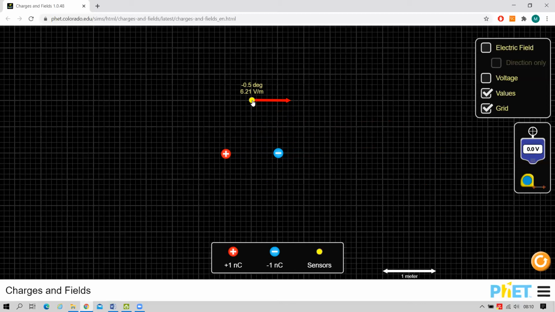For example, whatever the electric field strength is right over here, let's take this as 1 unit.